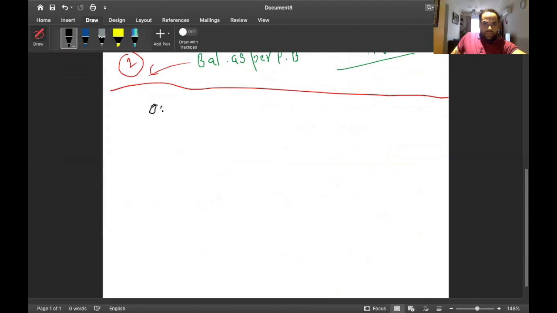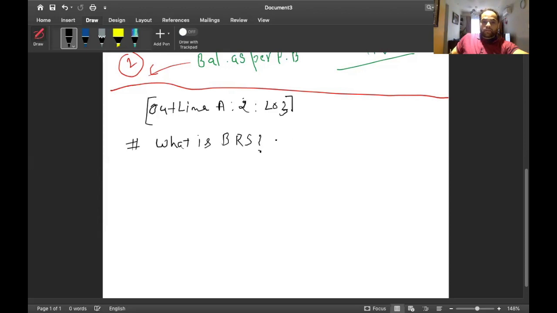So, the outline. Assignment 1. Sorry, assignment 2, learning outcome 2, learning outcome 3. Right. So you need to start with what a bank reconciliation statement is. You have to explain to me why we prepare it, right?